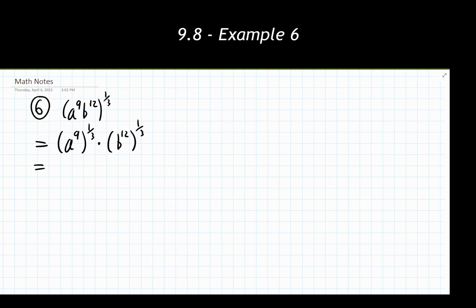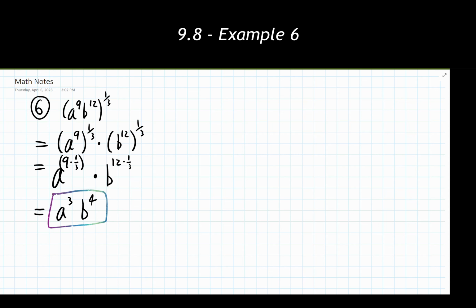From here, we are applying the power rule, which states that if I have an exponent, a to the 9th, raised to a power, 1/3, then those two exponents are going to multiply together. So I get a to the 9 times 1/3 power. And the same thing with b, I get b to the 12th times 1/3 power. We simplify each of those exponents down, and I'm getting a to the 3rd times b to the 4th power here.